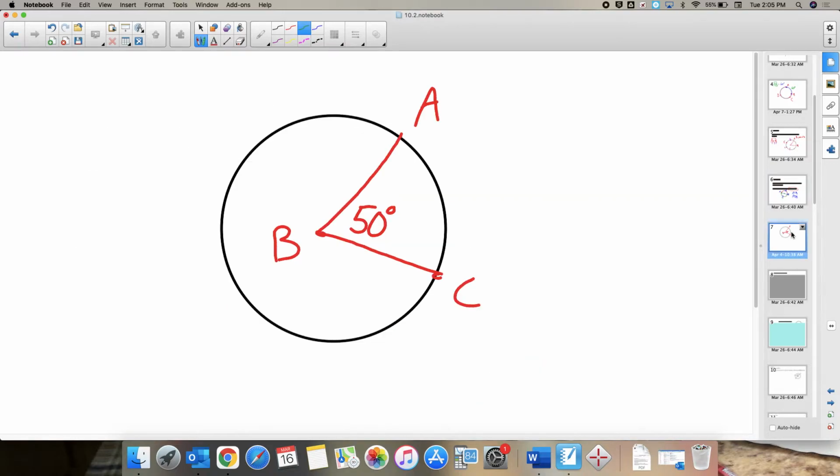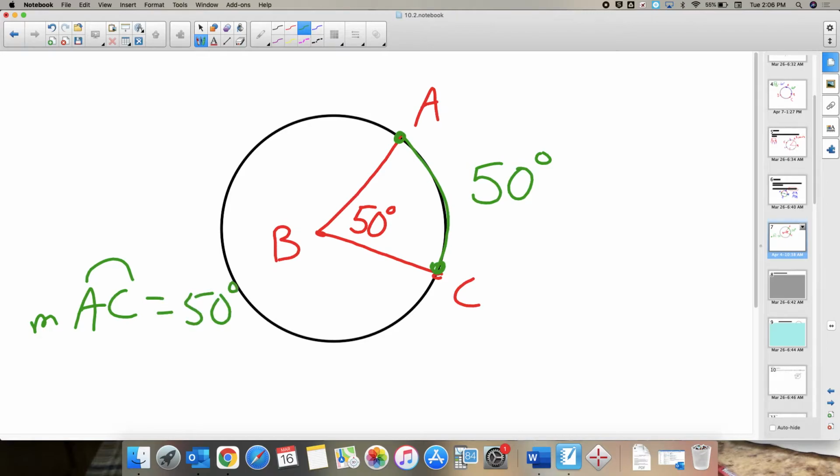Now, the other thing to worry about, when you look at a central angle, that central angle creates our minor arc AB. I'm sorry, in this case, AC. A central angle, that 50-degree angle there, will be equal in measure to the degree of your arc. So we would say the measure of arc AC is also 50 degrees.